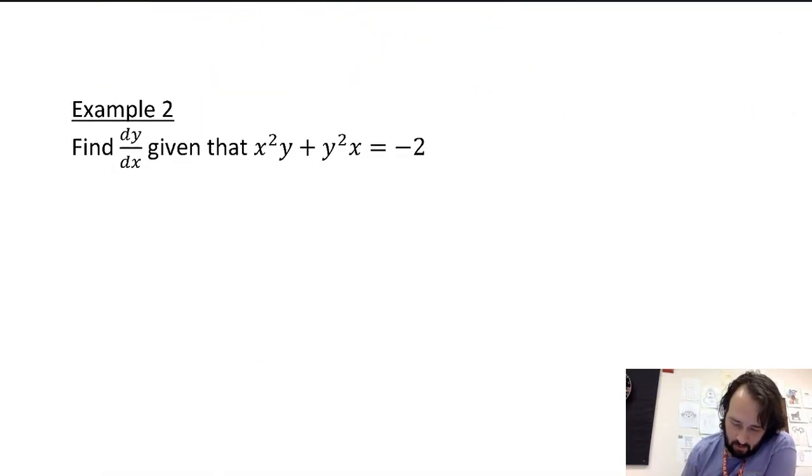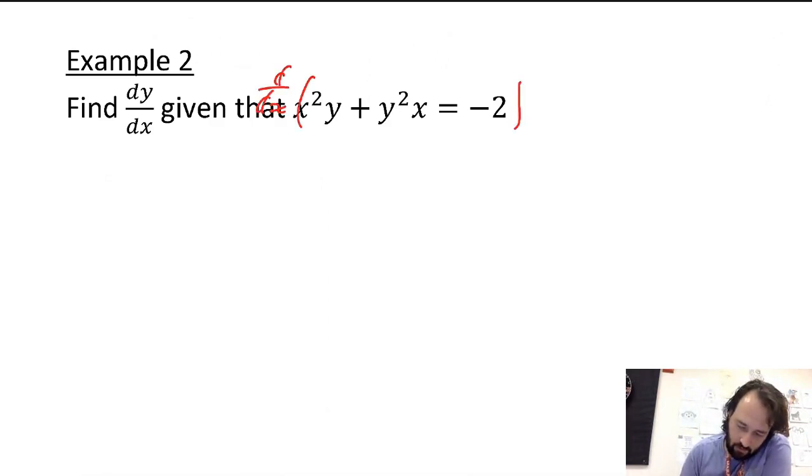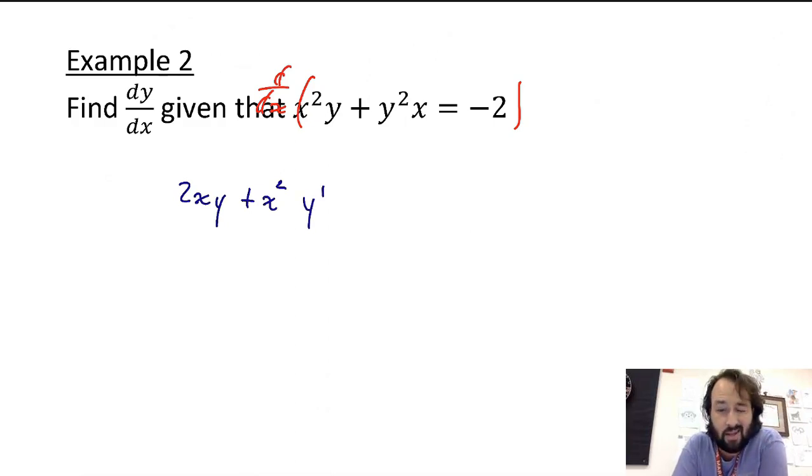All right, let's do another one. Same sort of idea. I have a couple of product rules here with that x squared y plus y squared x. So I'm getting after it. d over dx of both sides. This first one, I would have 2xy plus x squared y prime this time.